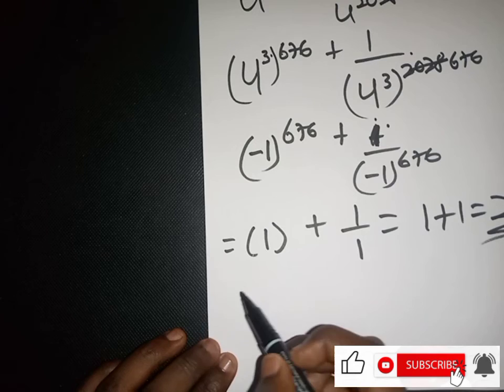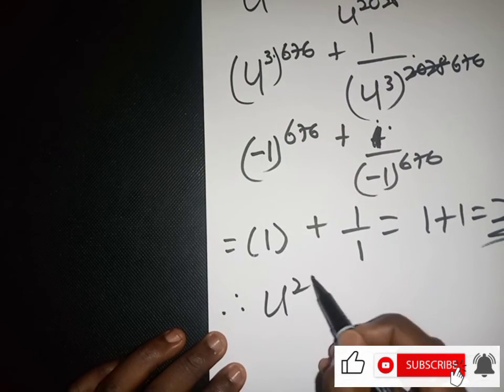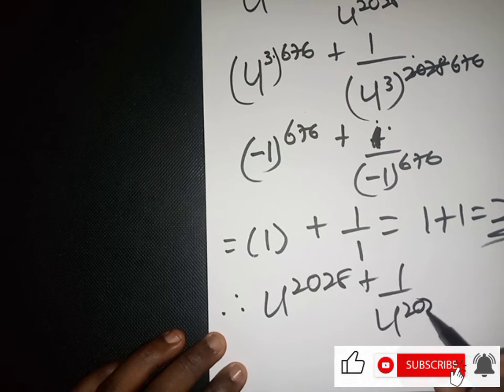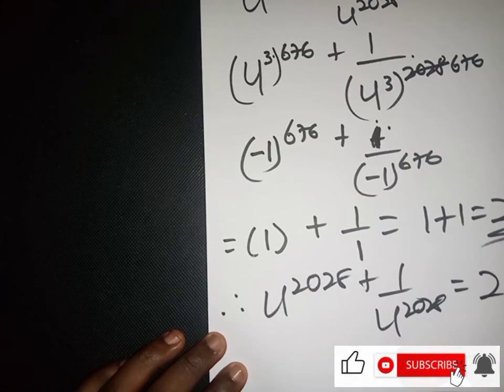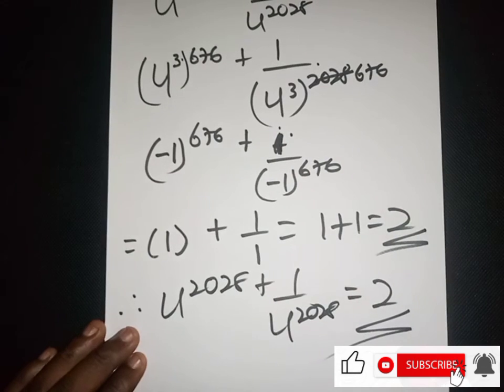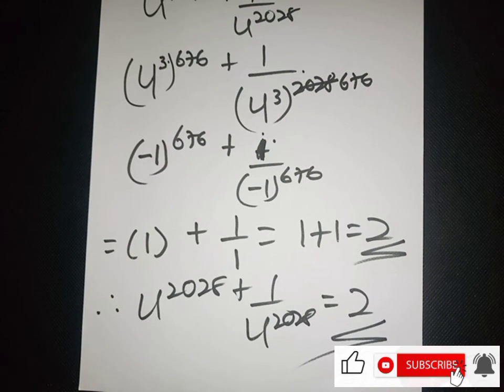So basically, you can also conclude that u to the power 2028 plus 1 over u to the power 2028 is just equal to 2 in both cases. In the first method we have 2, and also in the second method we have 2 in this case. So you can use either one of these methods in solving this type of question.